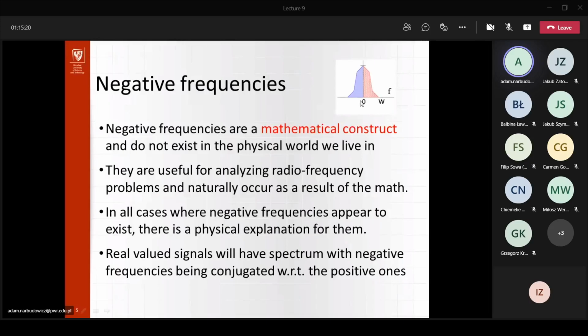As you can see here, that's just a simple baseband pulse or signal with 0 frequency, and the bandwidth is W. So the red part are the positive frequencies that we normally count. And the blue part, those are the negative frequencies, this mathematical construct.